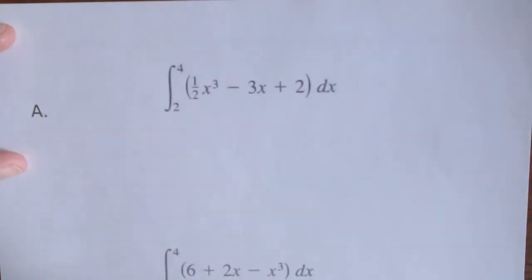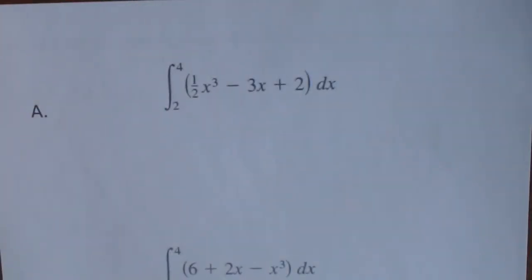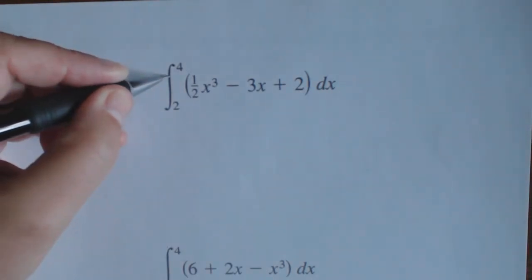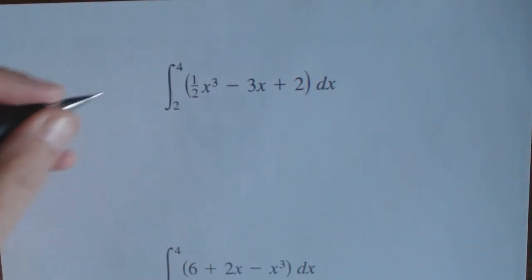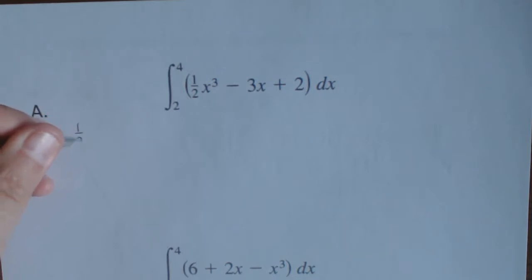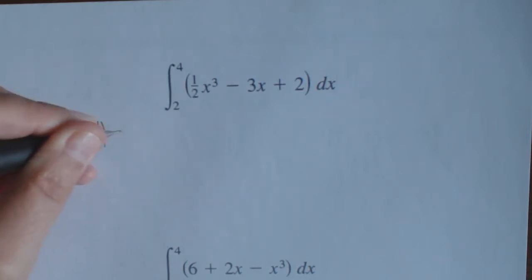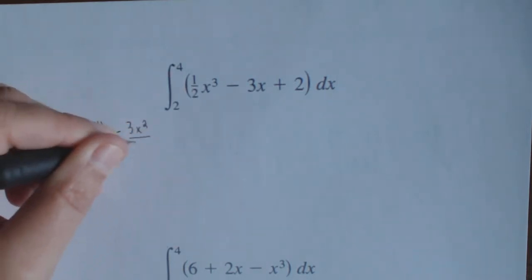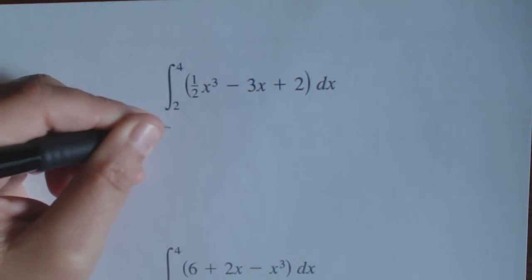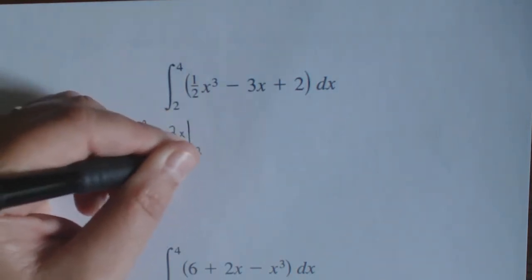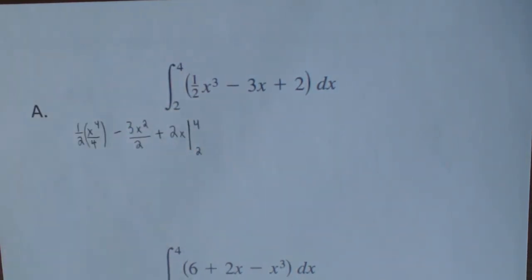Alright, now we are leaving the picture, and we're just going to solve this definite integral. It's a definite integral because we have a lower and upper limit, and we want to take the antiderivative. So that would be 1/2 x to the 4th divided by 4 minus 3x squared divided by 2 plus 2x. And we want to evaluate it from 2 to 4. So we put the 4 in.